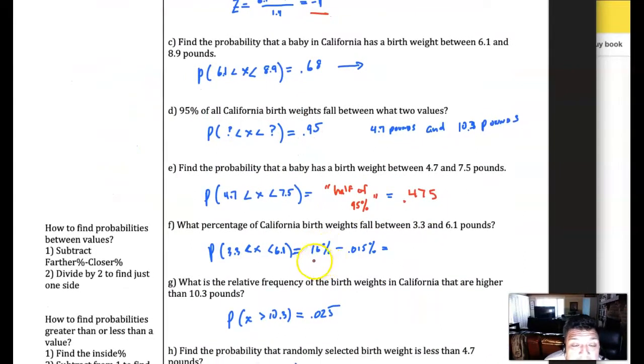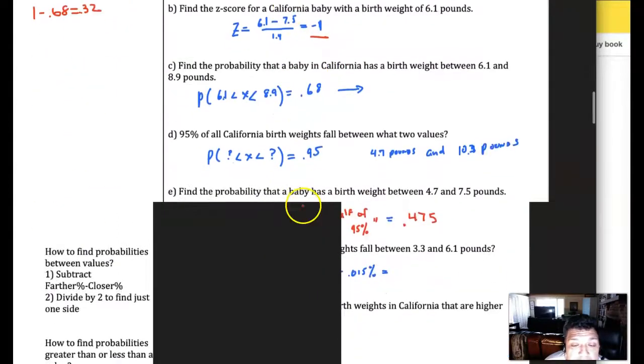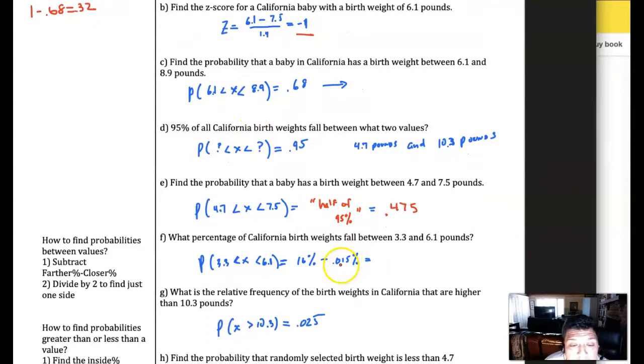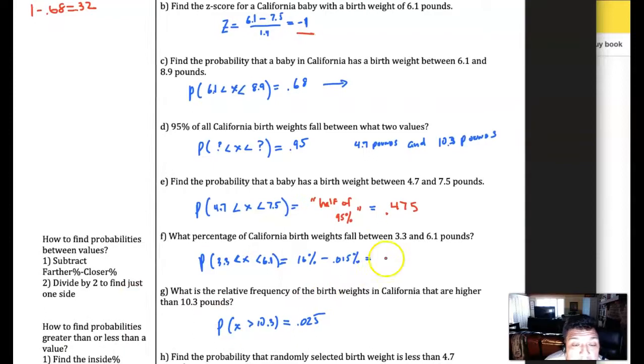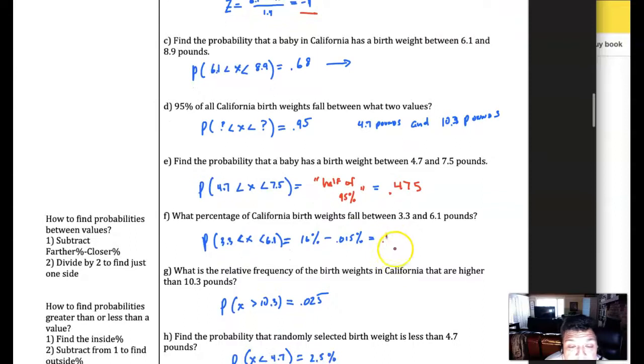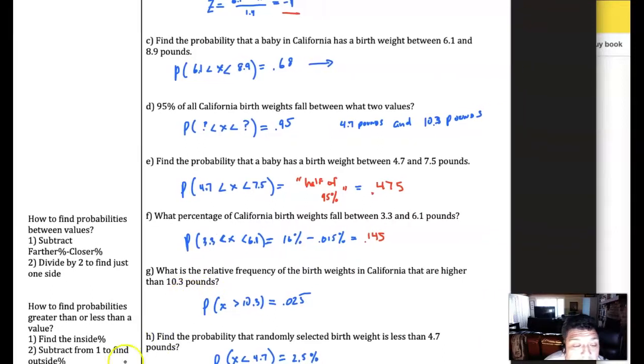I got the answer of 16 minus, actually it's going to be 16 minus 0.0, yeah, there it is there. And so your answer is 16 minus 0.15 there we go from there.